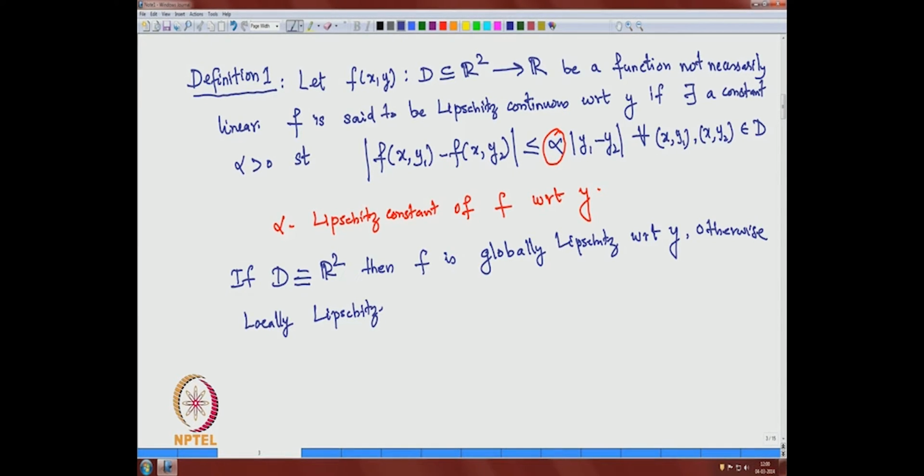For the uniqueness result, local Lipschitz continuity is sufficient.